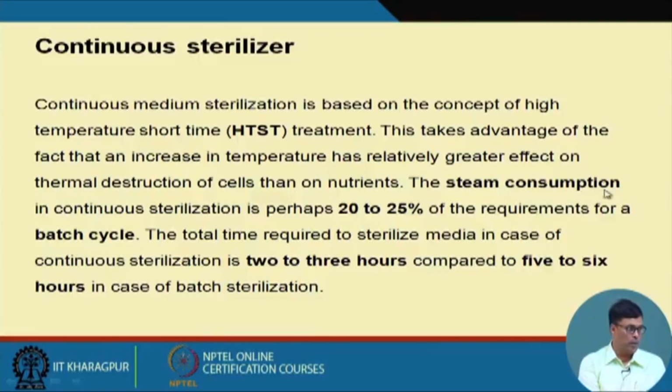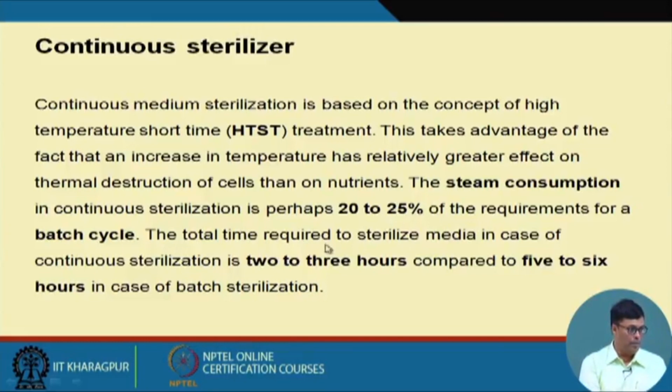The steam consumption of continuous sterilization is perhaps 20 to 25% of the requirement for a batch cycle. This is a very crucial factor, because the steam required for sterilizing the media in a batch system is very high compared to continuous sterilization.